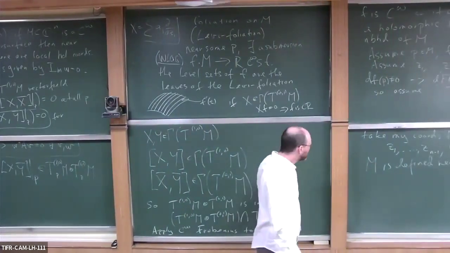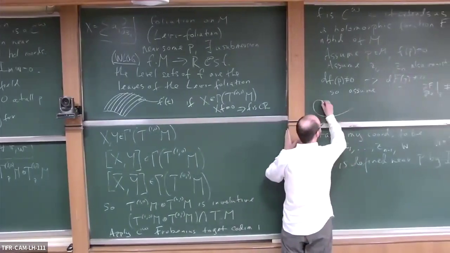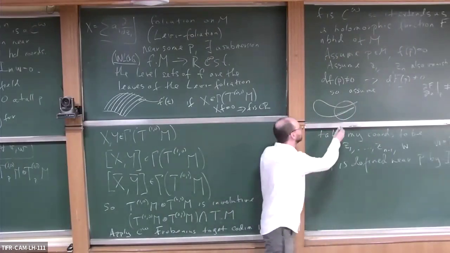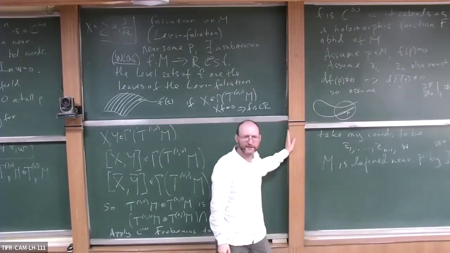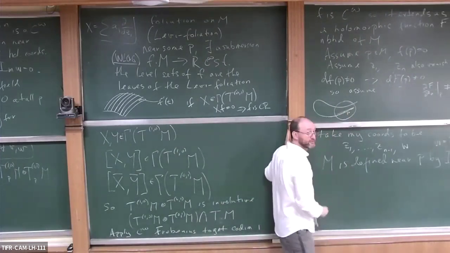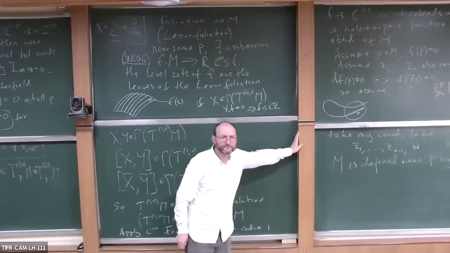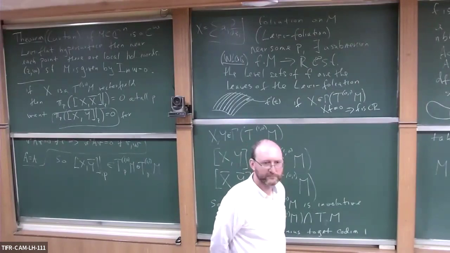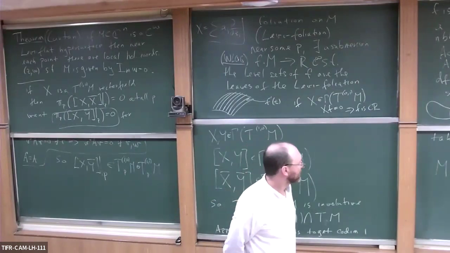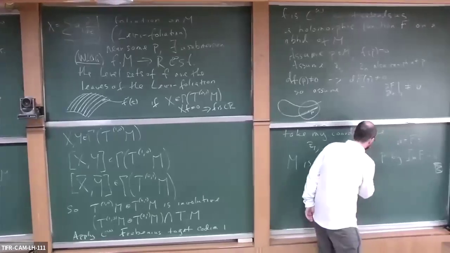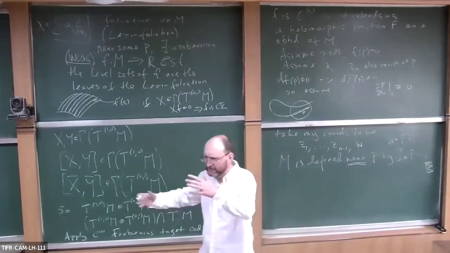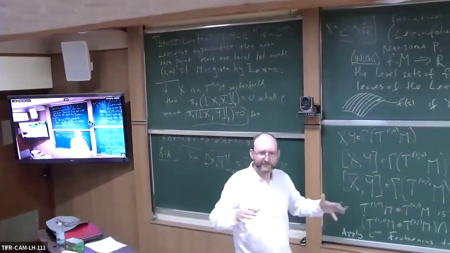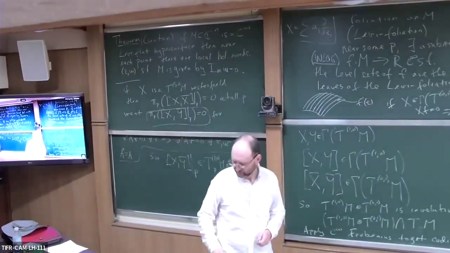You might change your coordinates, and F is only picking up this part, but locally there's going to be some neighborhood where they agree. Or it can happen that the imaginary part of F equals 0 is itself disconnected. But again, I'm only saying this in a small enough neighborhood.